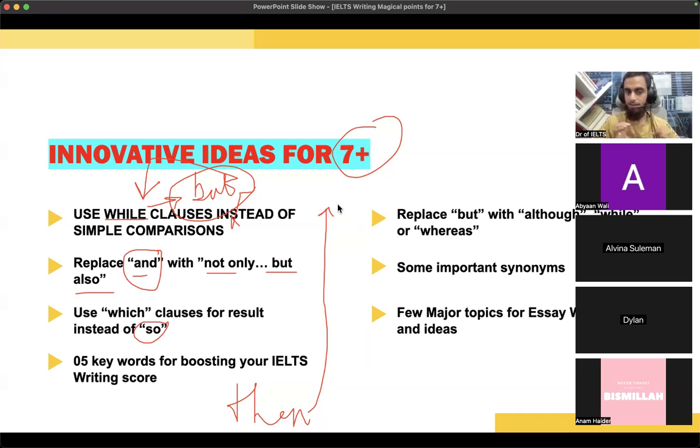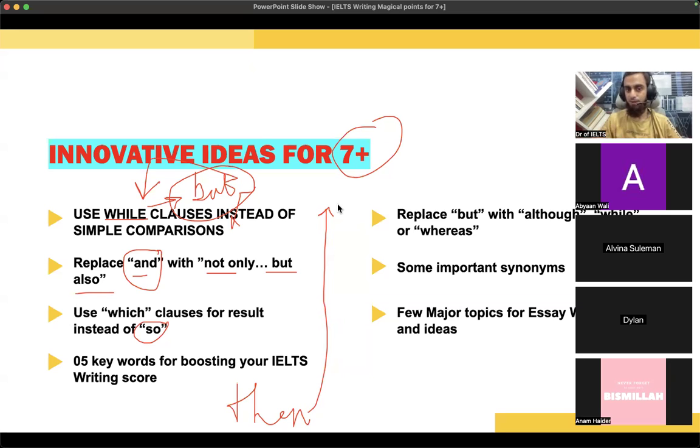But for 7 plus, why is it challenging? Why do students hardly get it in the writing section, right? Upcoming week, we will discuss some more innovative ideas and concepts about writing. Very rarely will you see, from any institute or training center, from whatever background, students get 7 plus in the writing section.